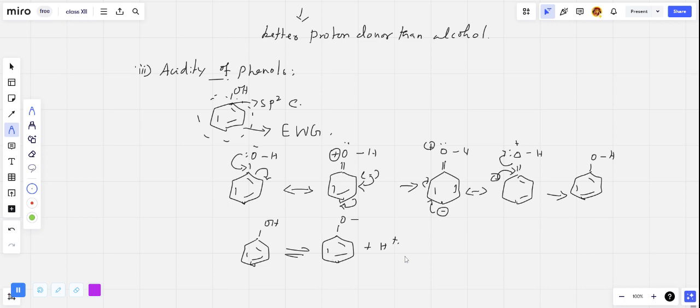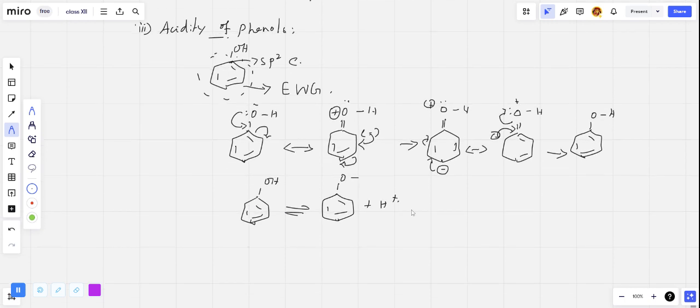Phenoxide ion is also resonance stabilized. Acidity of alcohols and acidity of phenols are very important. So I will write: due to resonance, oxygen acquires positive charge.